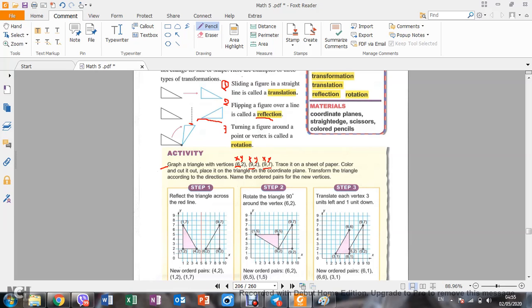Every time this is the 0 point. After the 0 we have 1, 2, 3 until infinity. This horizontal line is X, this vertical line is Y, okay. The vertical every time is Y, horizontal is X, okay.